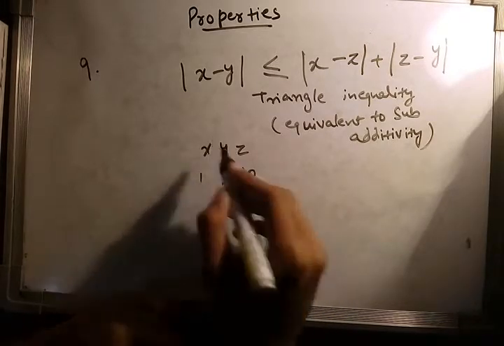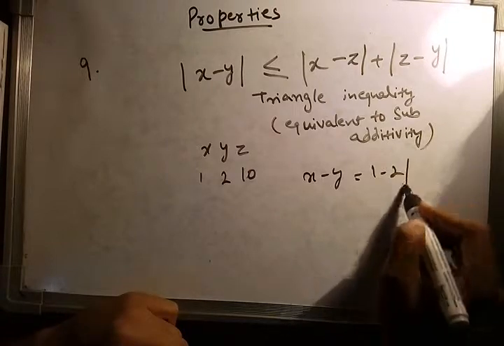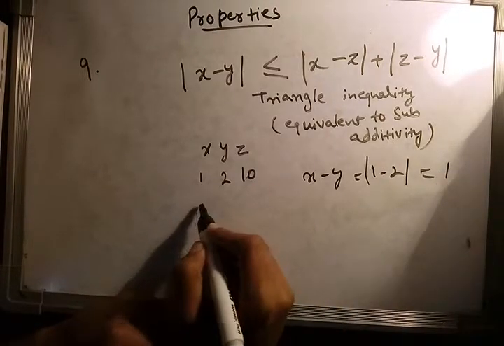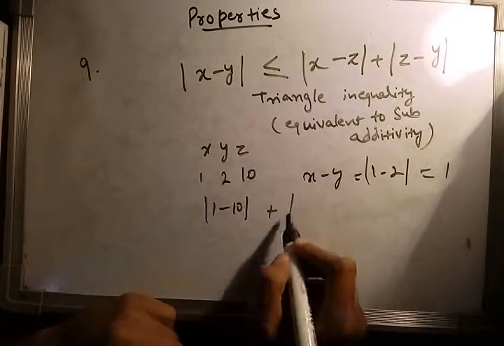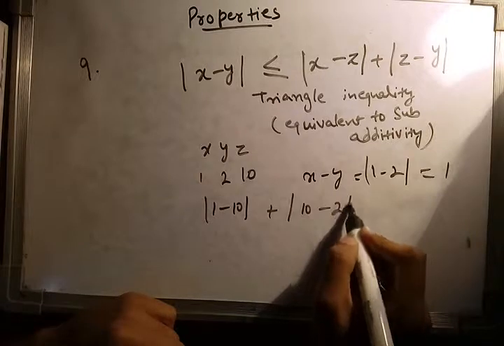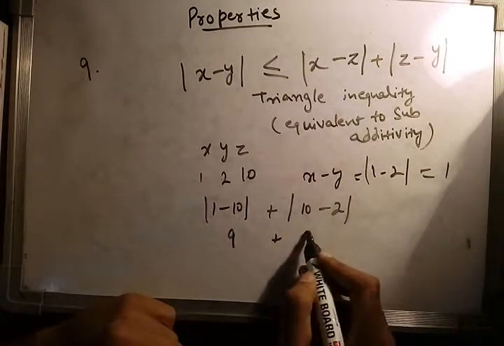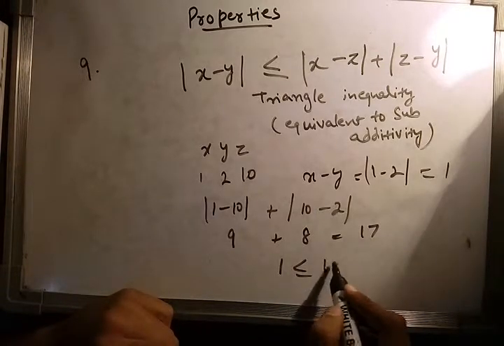So |x - y| is |1 - 2|, which is 1. And if we take the RHS, it becomes |1 - 10| + |10 - 2|. It gives me 9, and this gives me 8. It becomes 17. As we can see, 1 is less than or equal to 17.